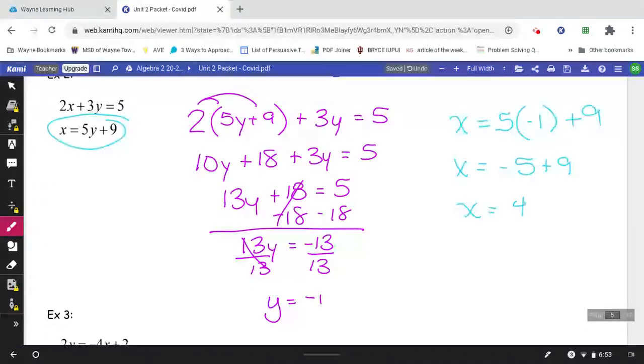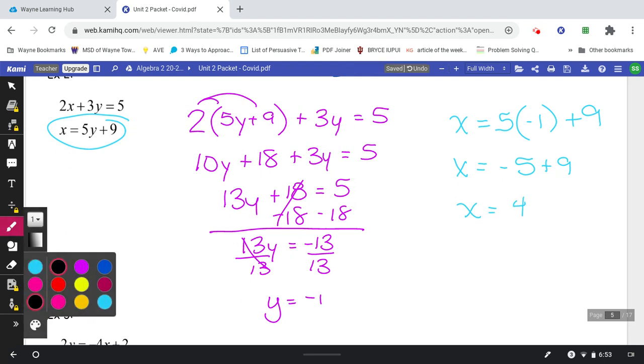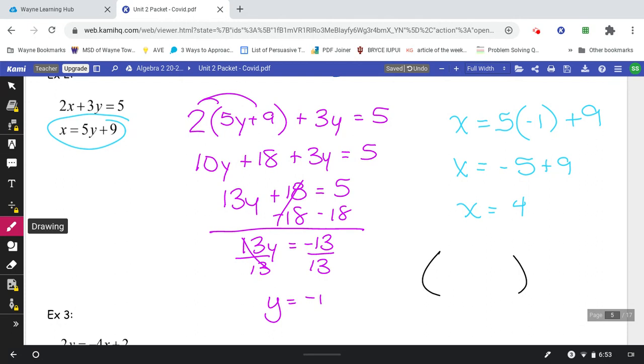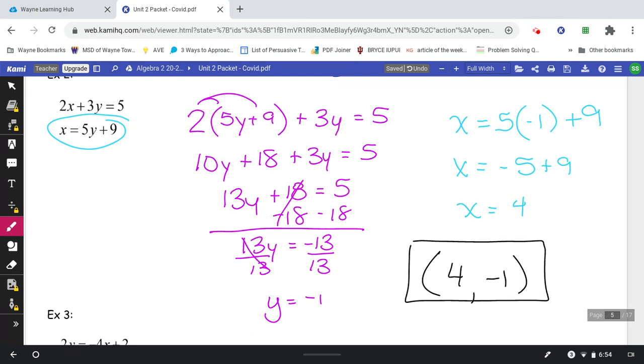You should be getting an answer of x equals 4. And then see if you can write your final answer as an ordered pair. 4, -1. Great job.